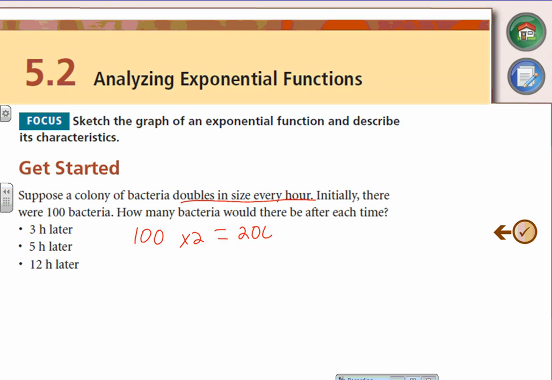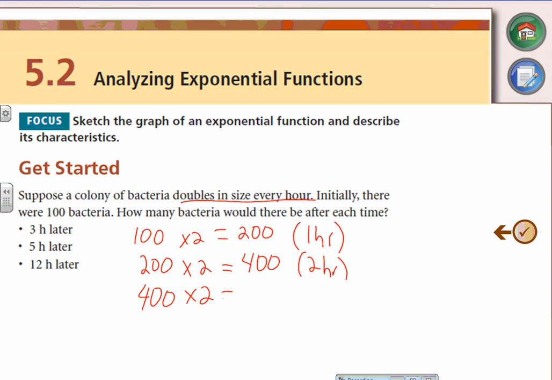That's going to give us 200 of them after 1 hour. Then we take that 200 and they double, and after 2 hours, we're going to have 400. Then those 400 start doubling, and after 3 hours, we have double of the 400. We've got 800 of them.